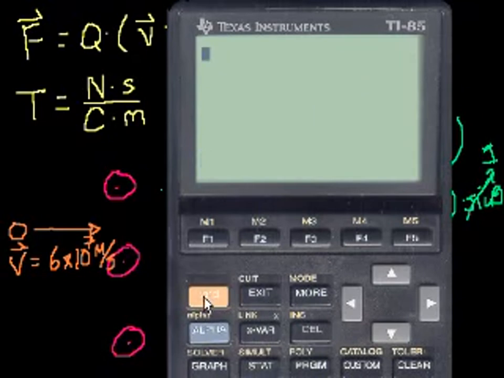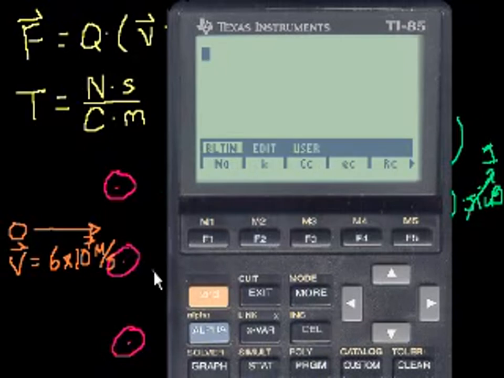If you press second and constant, that's second and then the number 4, they have a little constant above it, you get their constant functions, or their values, and you say the built-in. Oh, I care about the built-in function, so let me press F1. They have a bunch of interesting values, this is Avogadro's number. This is the charge of an electron, which is actually the same magnitude as the charge of a proton. So let's use that.